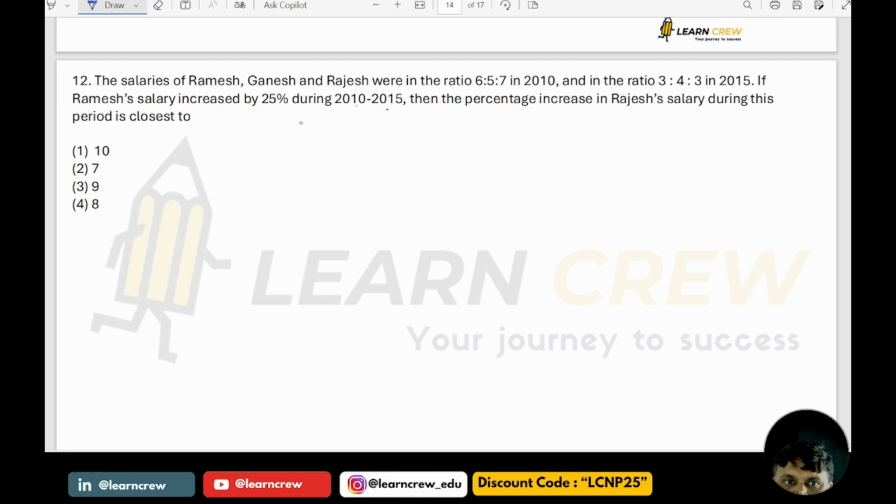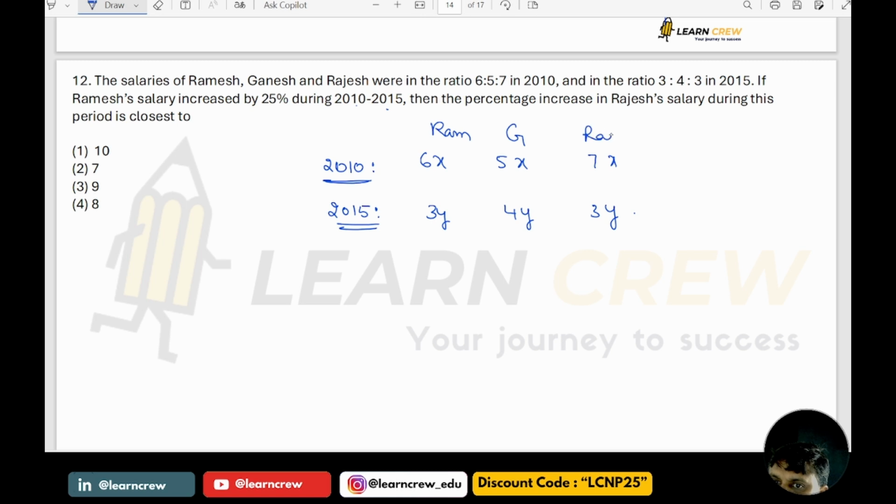So please see here, in 2010 and in 2015, the data is given. It is 6 is to 5 is to 7, so 6x, 5x, 7x. 3 is to 4 is to 3 is 3y, 4y, 3y. The first one is Ramesh, the second one is Ganesh, the third one is Rajesh.